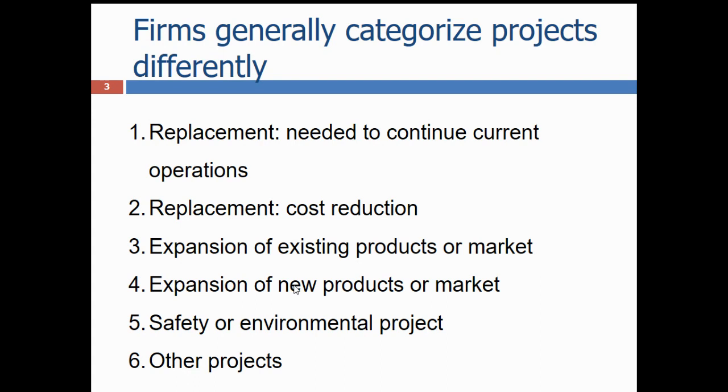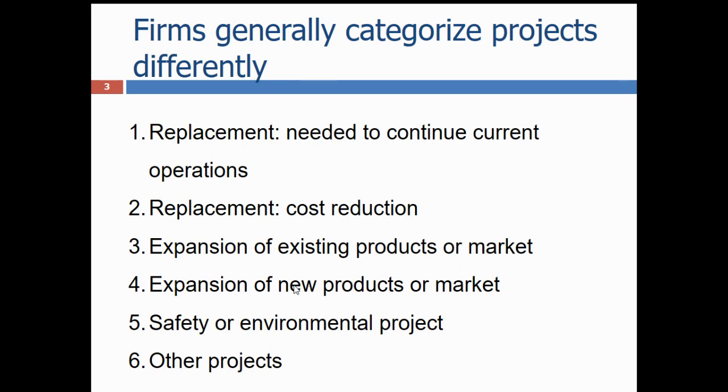Let's say you have had a factory for the last 10 years, and now after 10 years, the machines are already outdated, worn out, so you need to replace the machinery so that you can continue your operation. So the first purpose is having these long-term assets in order to continue your current operations.